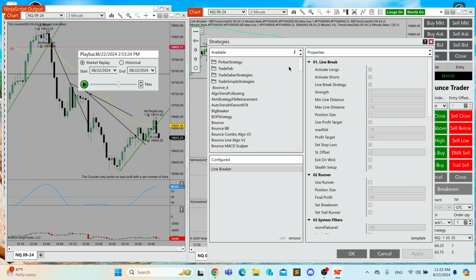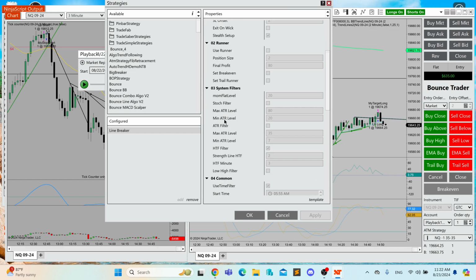Same thing for shorts. We'll only open shorts when it's below 80. Another way to filter out trades is the ATR filter. If you put max ATR level 35 and a minimum ATR, that also filters out your trades. If the market is really volatile, you use this max number.